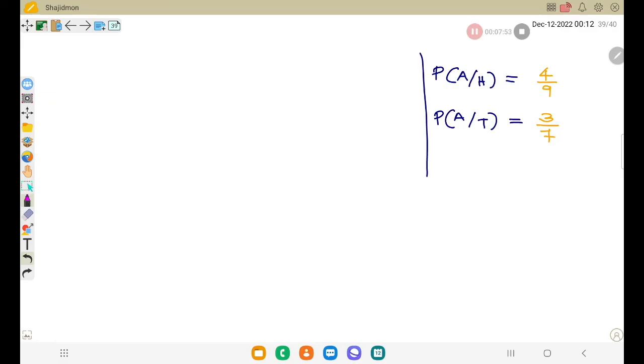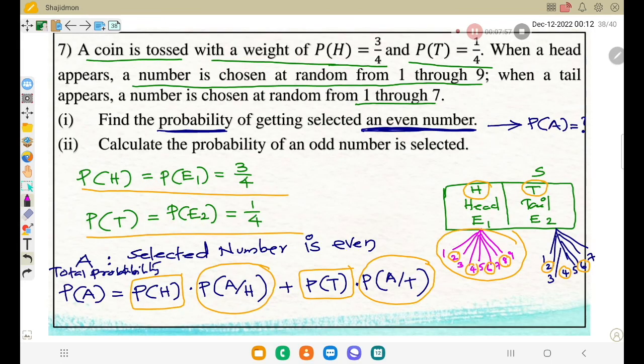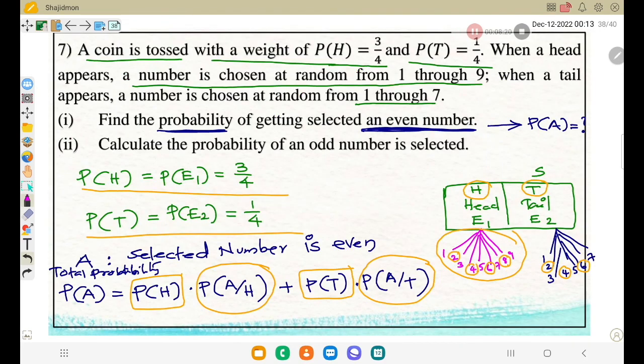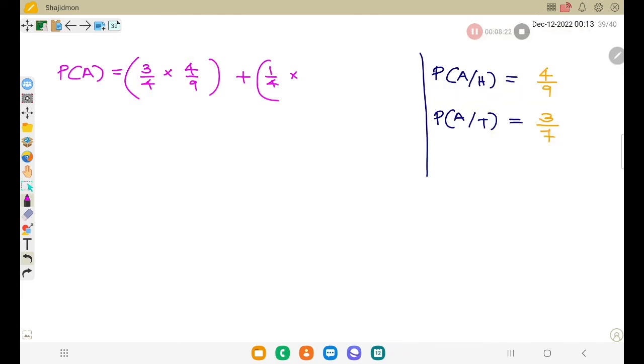Now you can calculate the probability of A. Apply here: probability of H, that is 3 by 4, multiplied by probability of A given H, which we just got as 4 divided by 9, plus probability of tail, that is 1 over 4, multiplied by probability of A given T, what is that? 3 divided by 7.